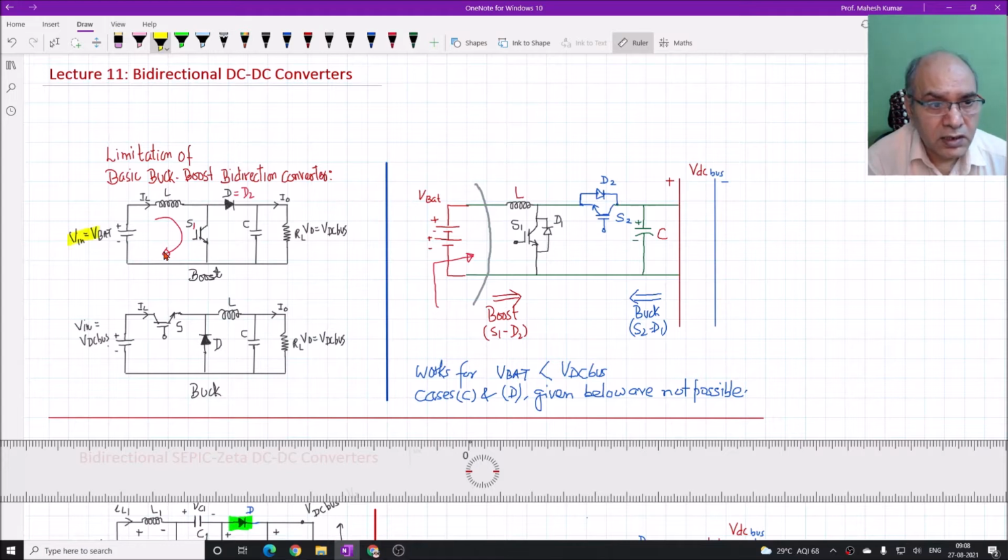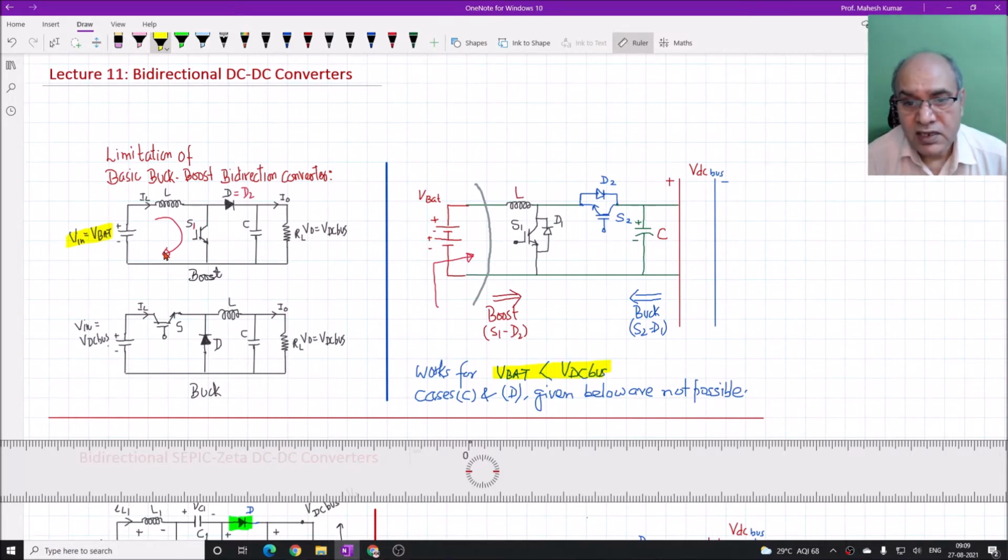As you can see, the power flows from battery to the DC bus. Then it is basically discharging mode. In discharging mode, you will have a boost operation because V bat is normally less than V DC bus. Although it could be otherwise, let us take the most practical case where the battery voltage is less than the DC bus voltage.